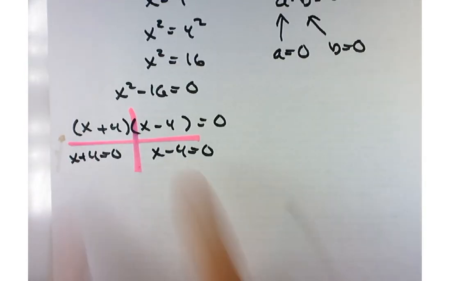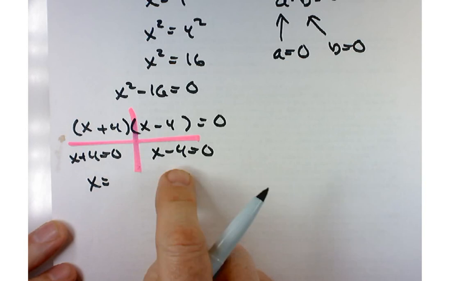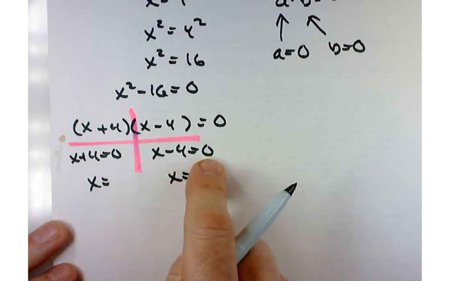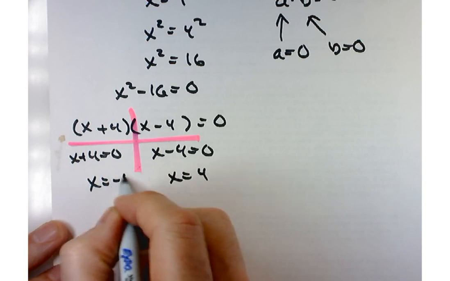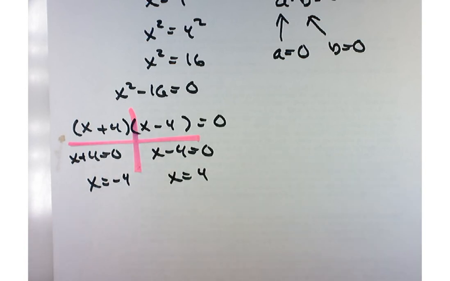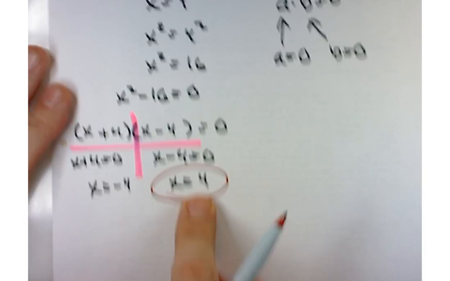What are my solutions for these equations? When does x minus 4 equal 0? x equals 4 or negative 4. So great. But let's keep something in mind. This was the equation that I started out with, right?